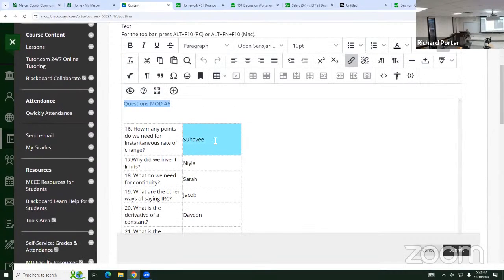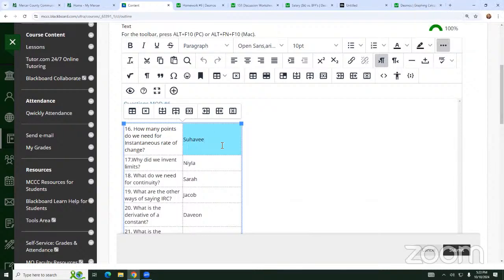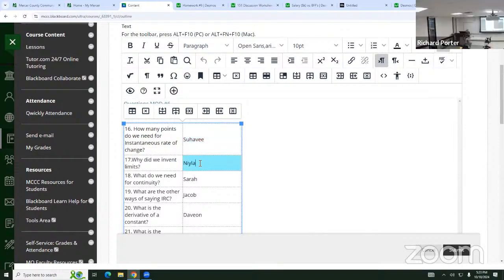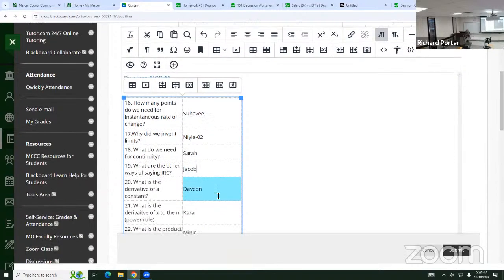How many points do we need for instantaneous rate of change? Instantaneous. 1. Good. What do we need for continuity? Wow, very good. Jacob, what are other ways of saying instantaneous rate of change?